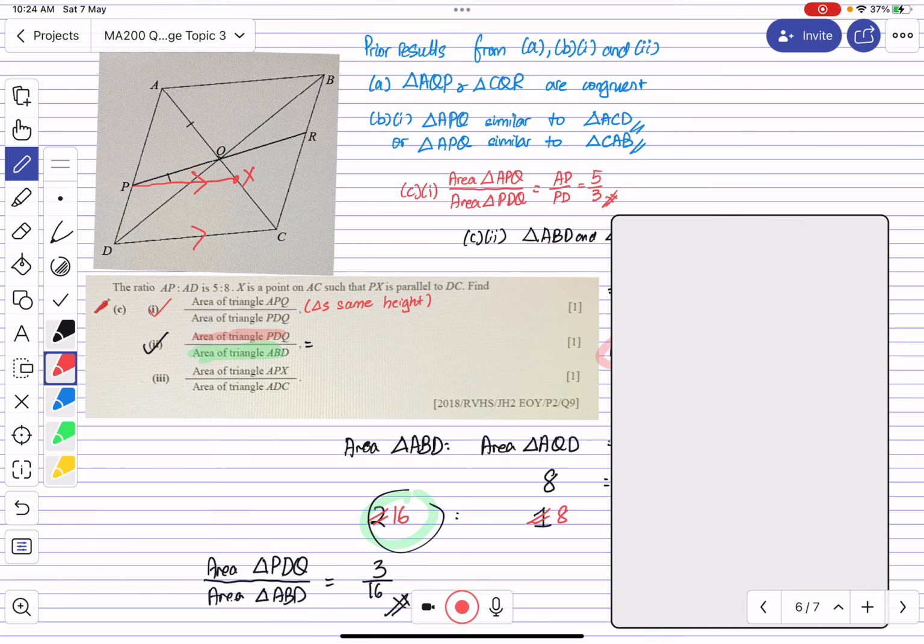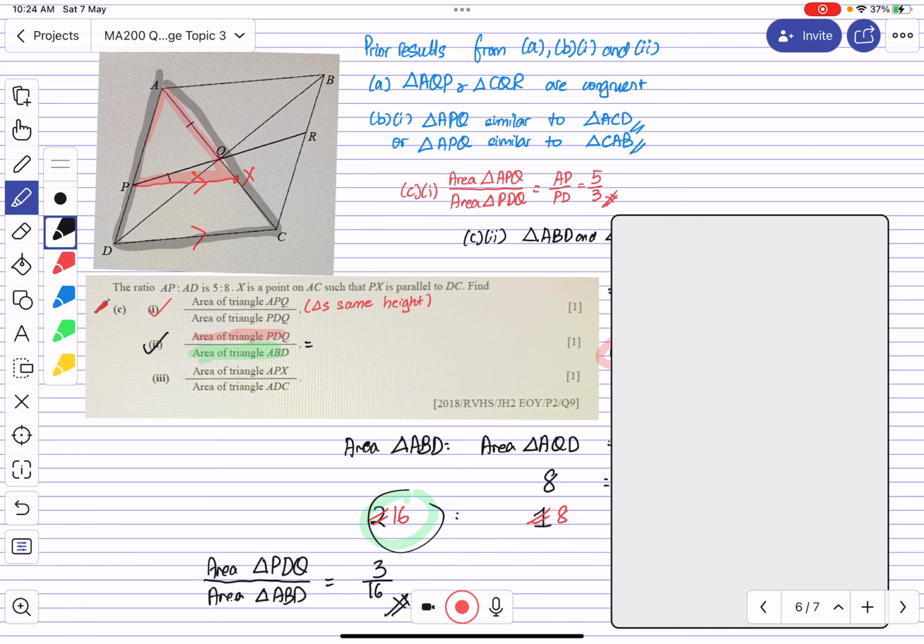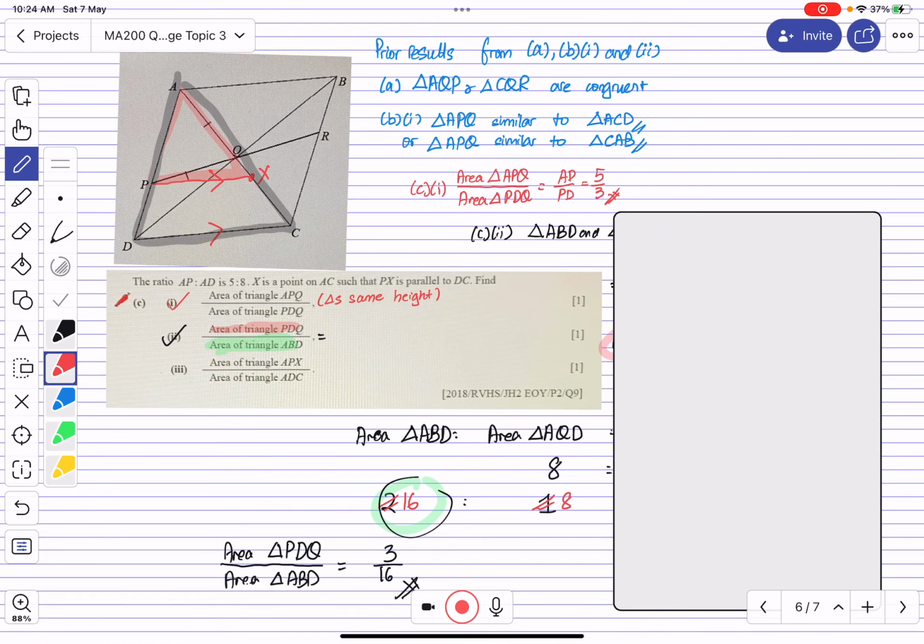PX is parallel to DC. So now if you consider this triangle APX versus ADC, this is just a classic example of similar triangles. Of course, you might need to take the time to prove that these two triangles are similar. Angle PAX is the same as angle DAC, and this is called the common angle.